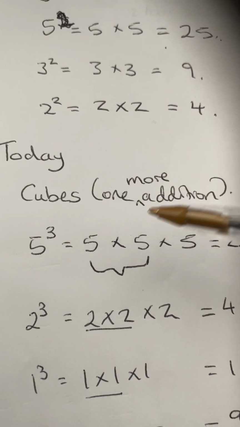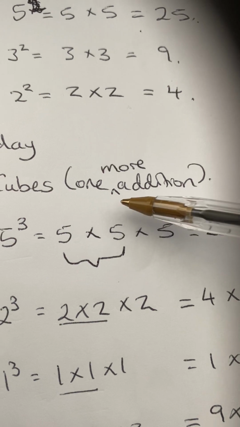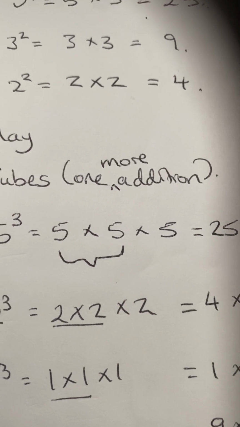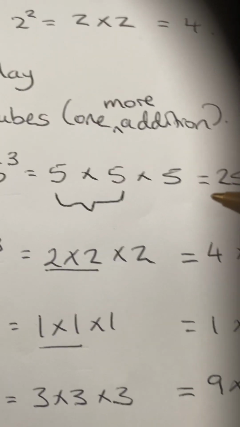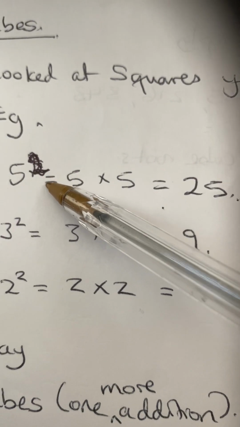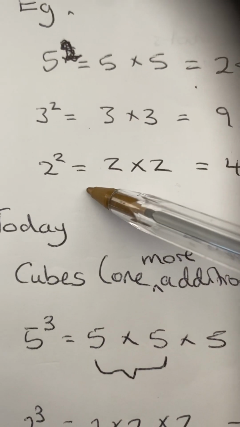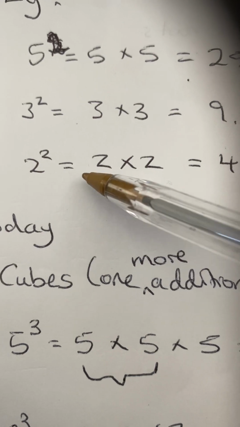Today, cubes is one more addition of the same number. So yesterday, squares: 5 to the power 2, 3 to the power 2, 2 to the power 2. Everything is to the power 2.